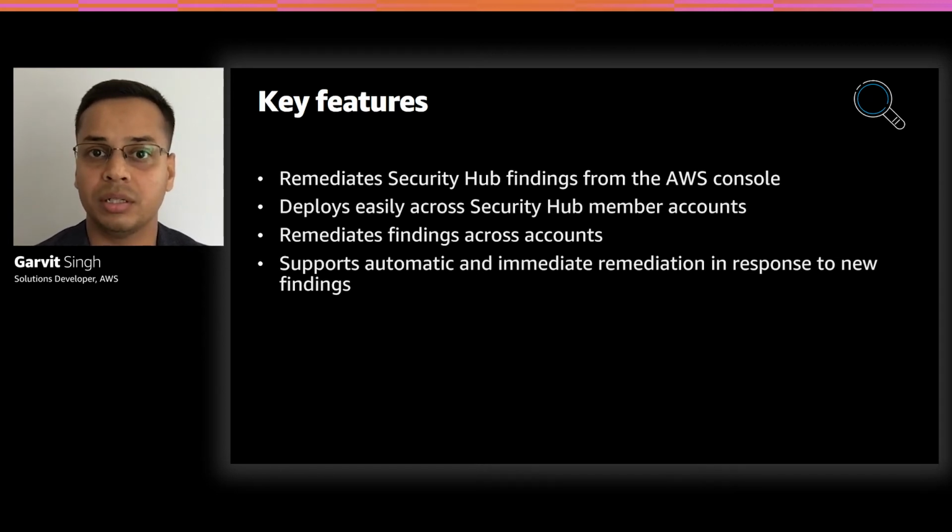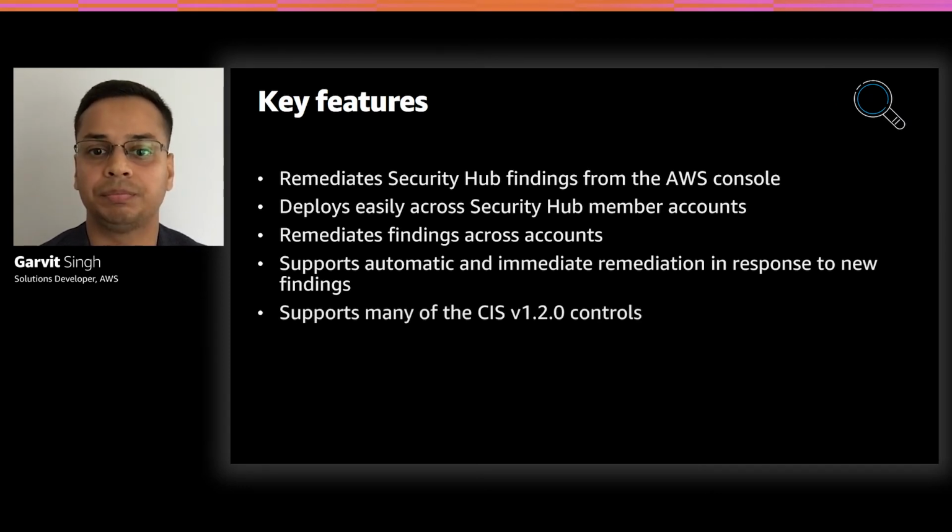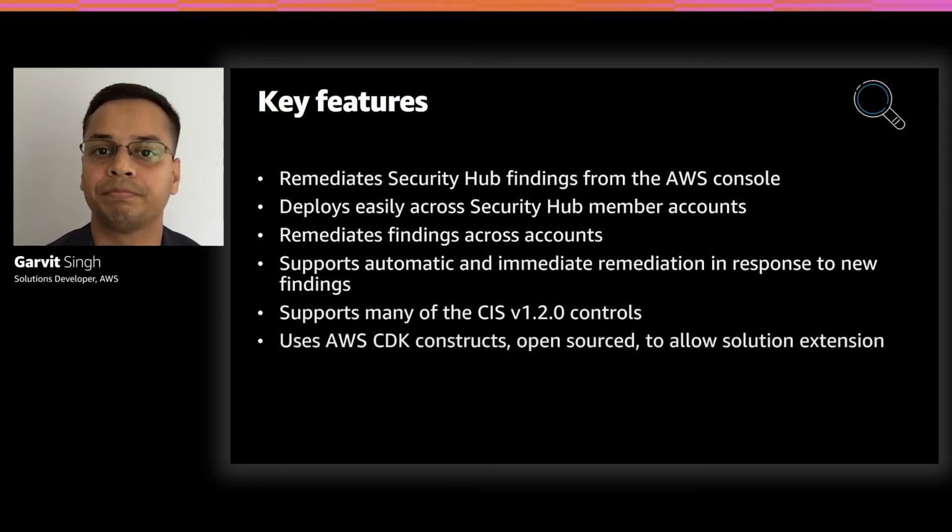So whenever there is a finding, the solution will take care of remediating it for you without any manual intervention. Currently, the solution supports remediations in response to the CIS benchmark, but we are constantly working to increase the playbooks that we have in the portfolio. And the solution has been developed using AWS CDK. You can take a look at the open source repository and extend the solution.